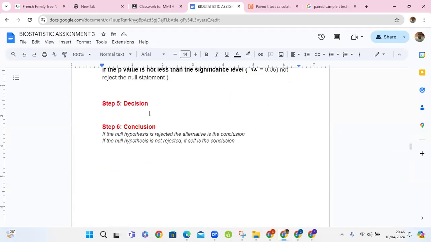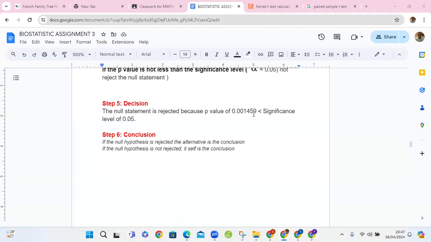So the null has to be rejected because the p-value of 0.001459 is less than the significance level of 0.05.